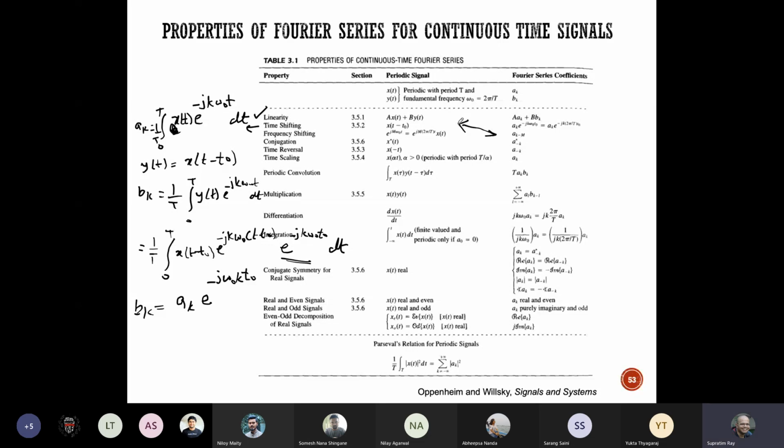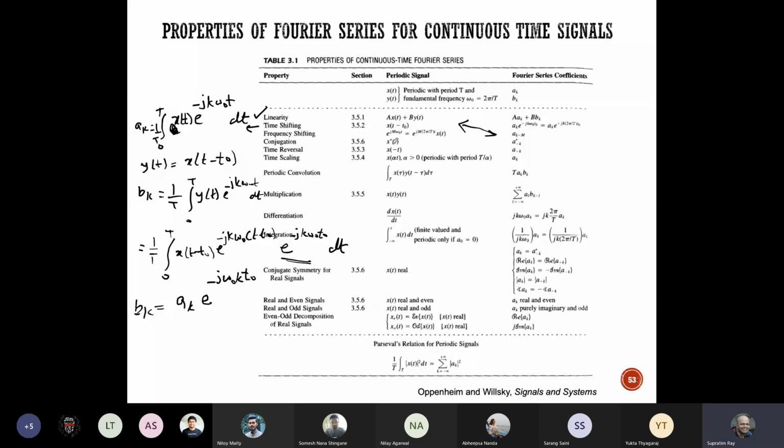Shift in time corresponds to a phase shift in frequency, and a phase change in time, multiplying the signal with e to the power j omega naught t, is just going to shift the coefficient in the frequency domain. I leave this as an exercise because it's the same analysis that's done here. Okay.